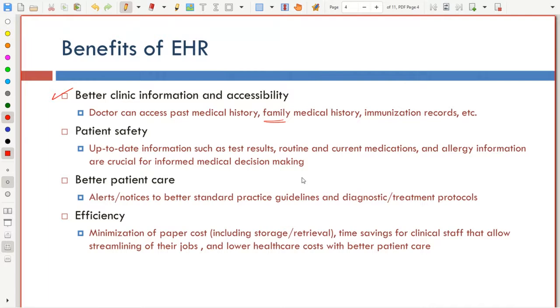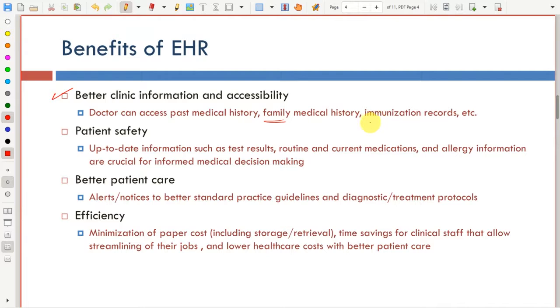But if that woman has a family history of breast cancer, then it has to be done every year. So it's very important, when the doctor prescribes a certain diagnostic test, to know exactly the family history so that he can make the right decision for that particular patient.